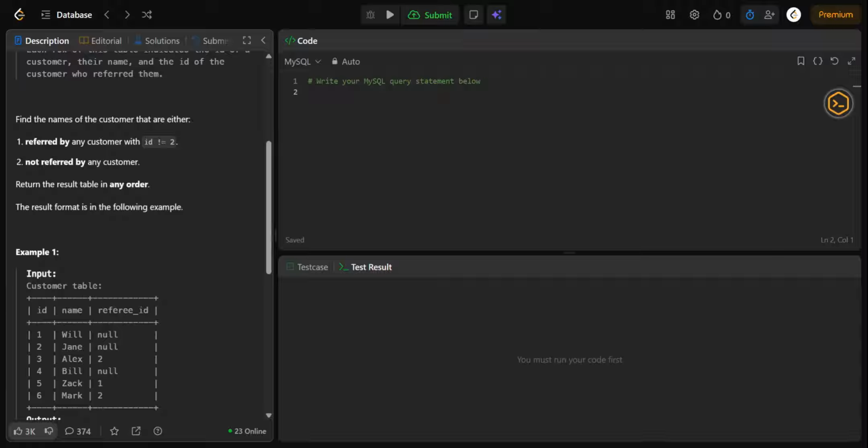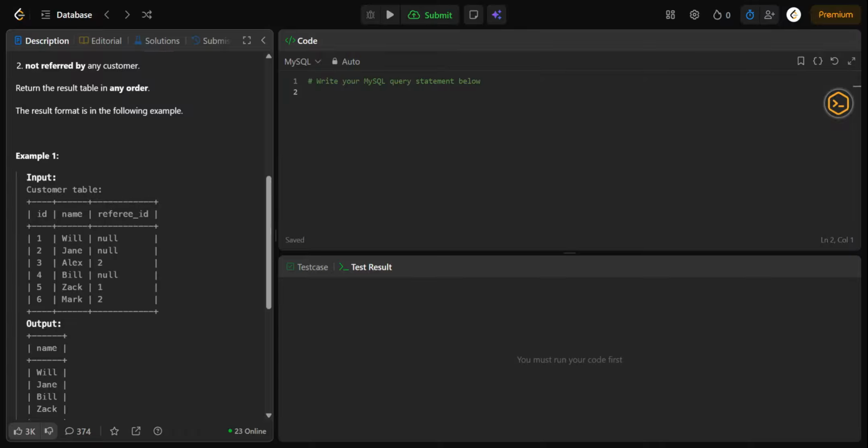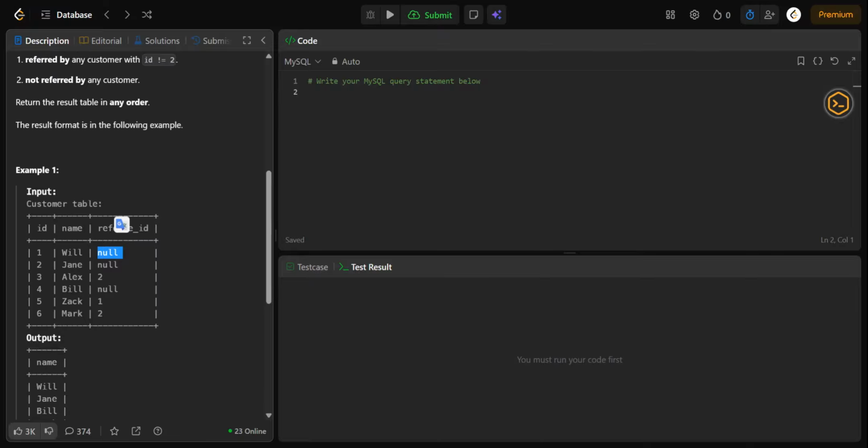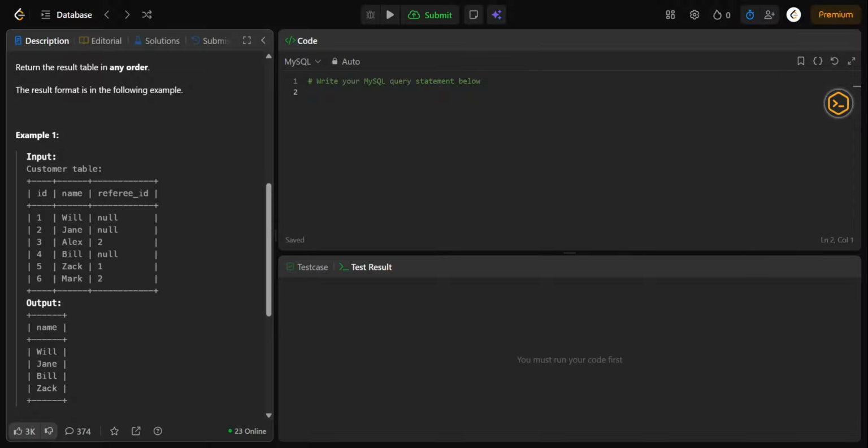So let's understand the data first. For Will, the referee ID is null, no referee ID, so not referred by any customer. Include, yes or no?